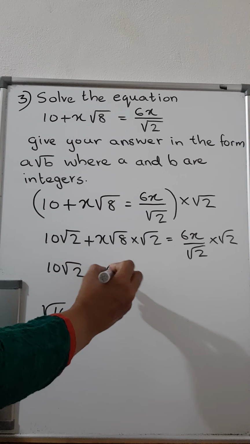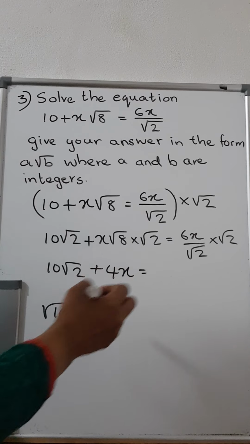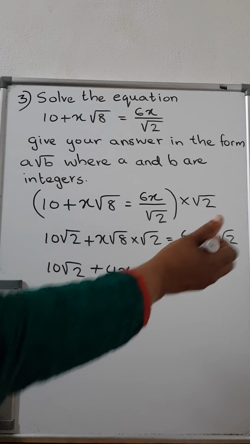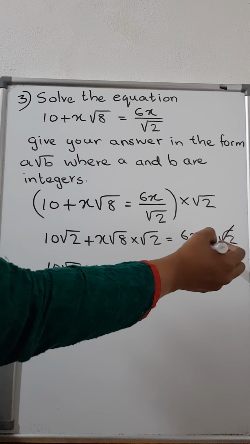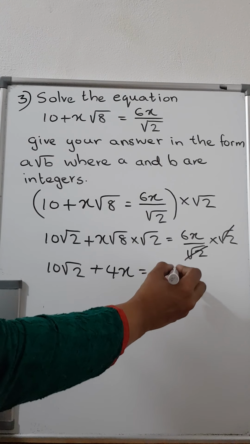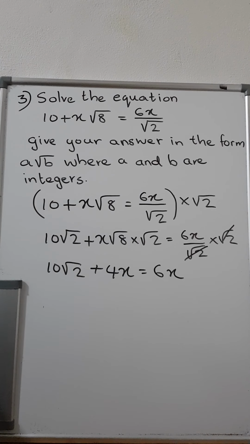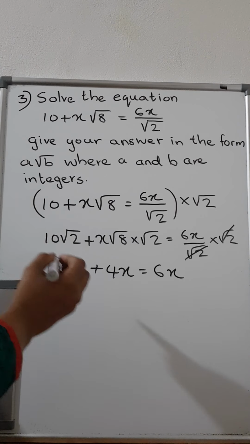So this becomes 4x. Now you can see 6x divided by root 2 times root 2. So we can cancel this out. So 10 root 2 plus 4x is equal to 6x. You see we have to find x. So we have to make x our subject.